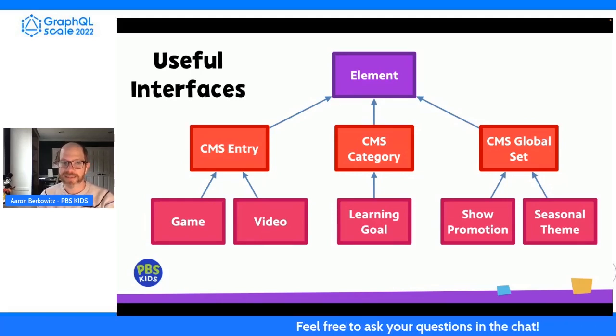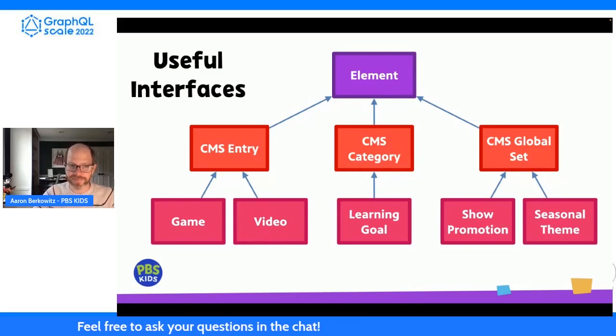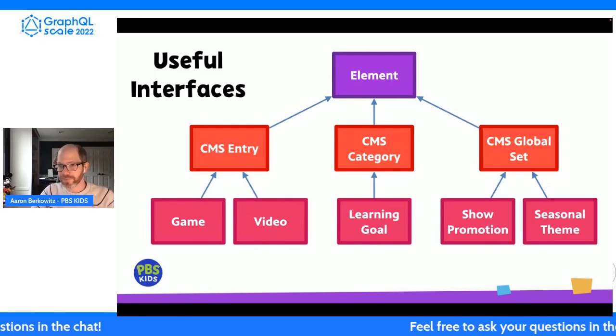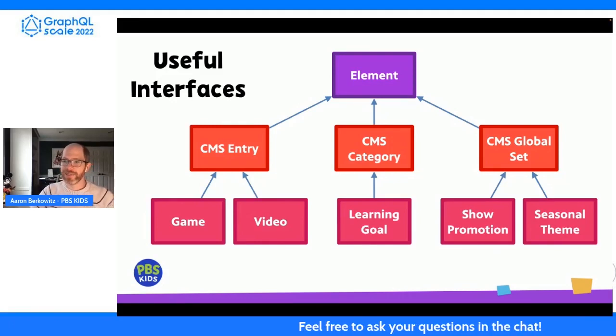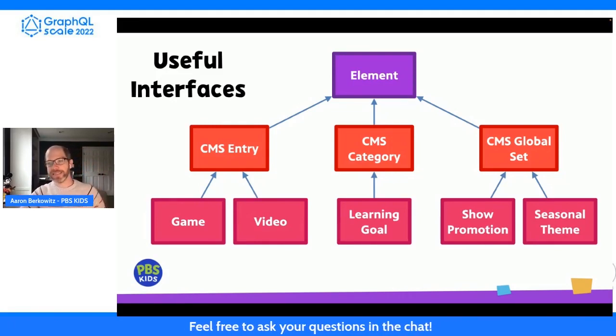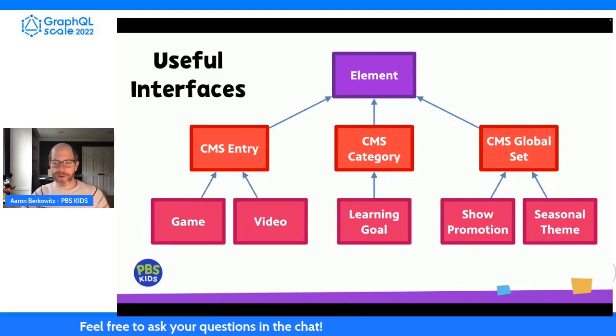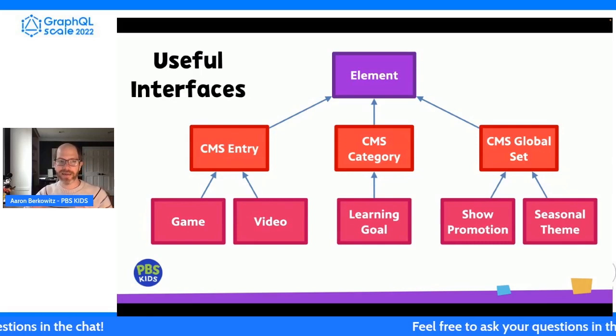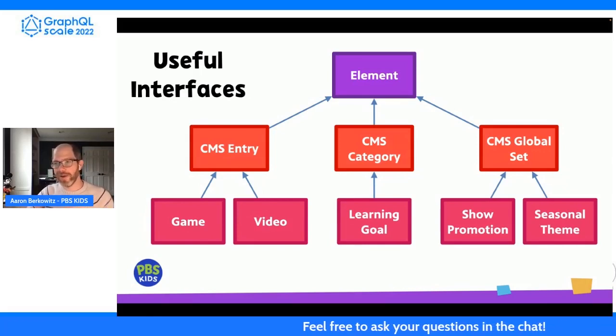So everything is an element, and then we have these subtypes that implement an element interface: CMS entries, categories, and global sets. The element carries with it things like an ID, maybe an author, a post date, expiration date, the basic parts that we would need no matter what.